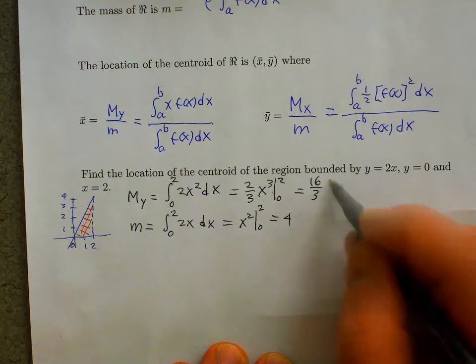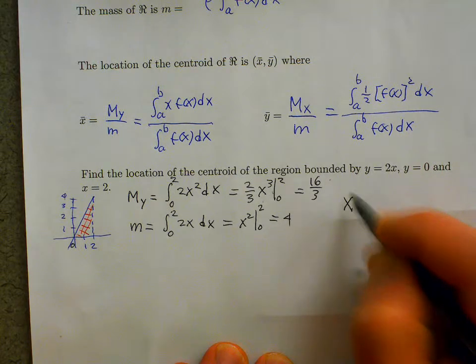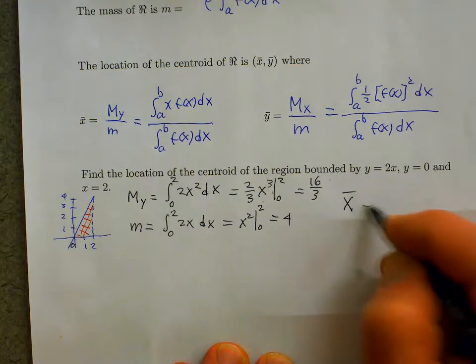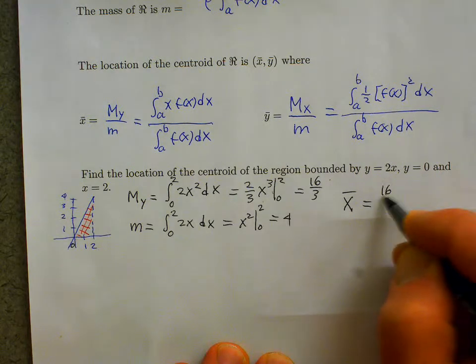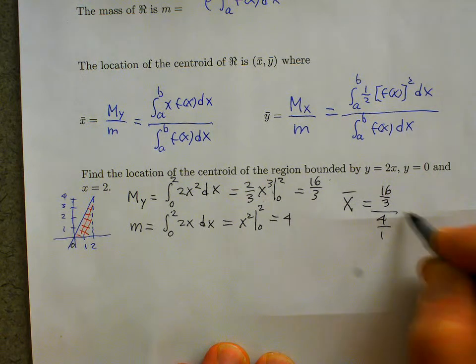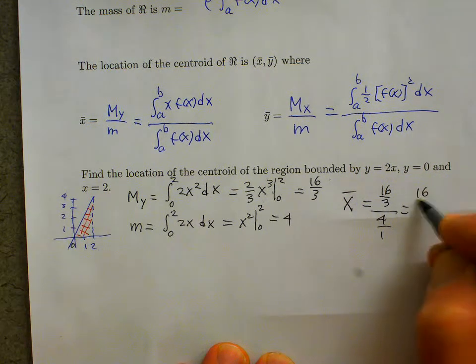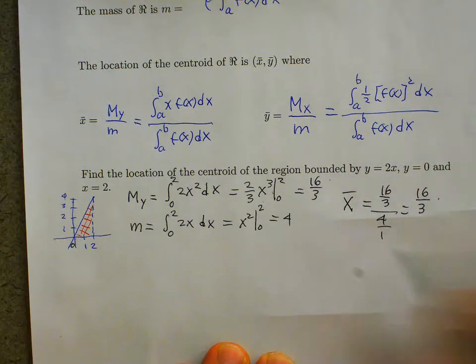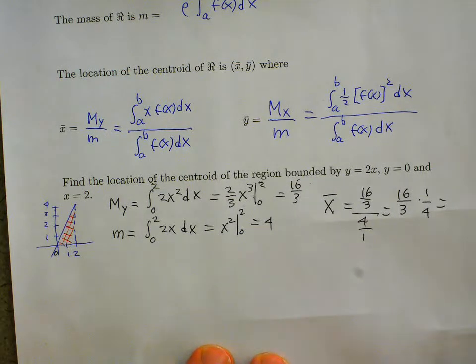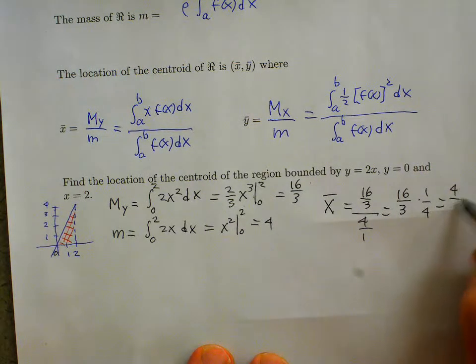So we use those two quantities to find the x coordinate of the centroid, center of mass. So 16 thirds divided by 4, or 16 thirds times the reciprocal of 4, which is 1/4. And then 16 thirds times 1/4 is 4 thirds.